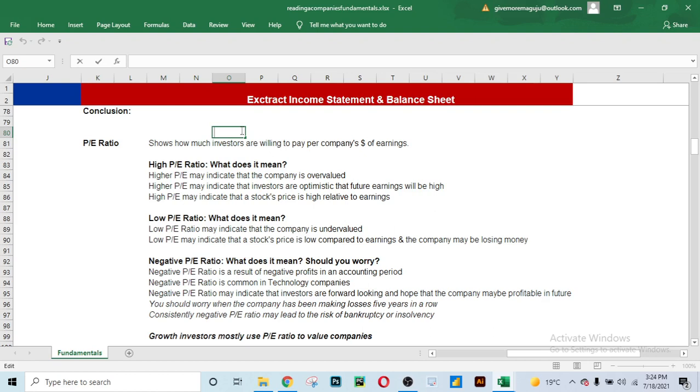A higher PE ratio may indicate that the company is overvalued, which means the intrinsic value of that company may not be what the market perceives. It may actually be below what the market is valuing the stock.